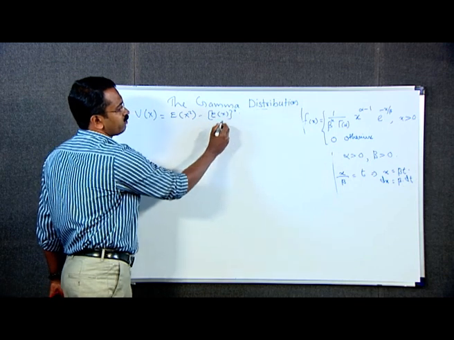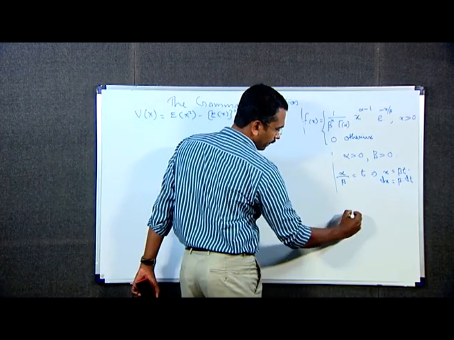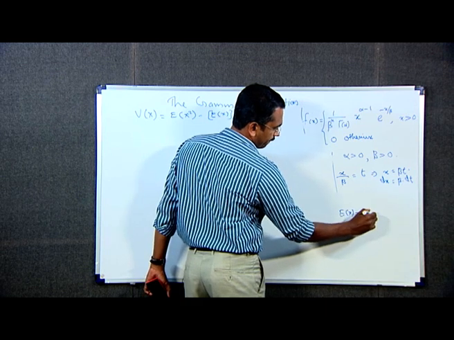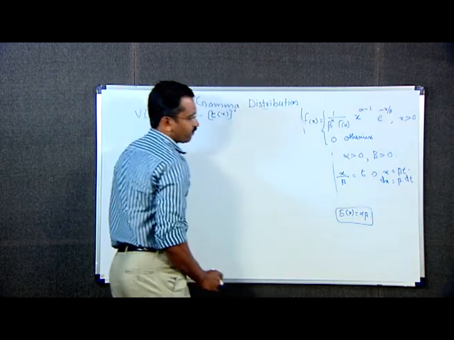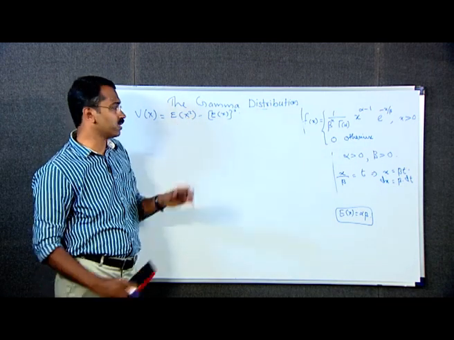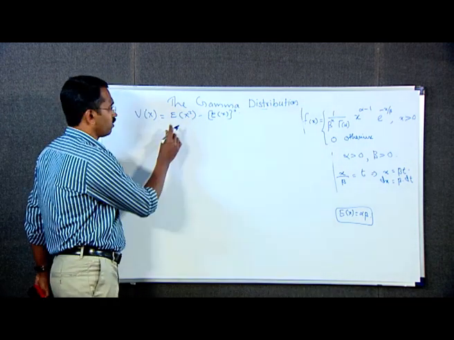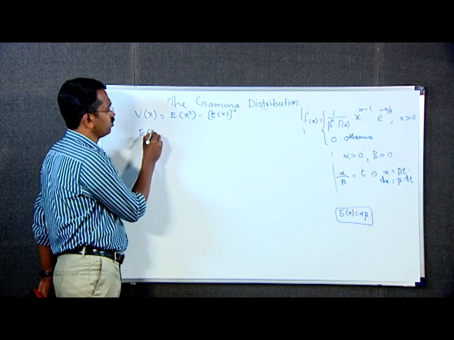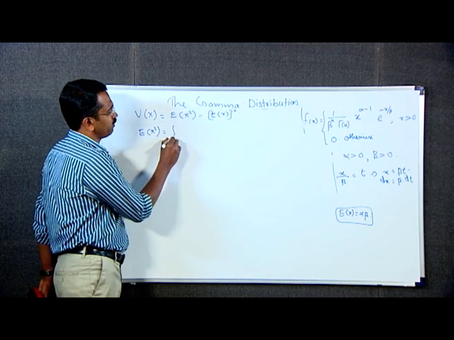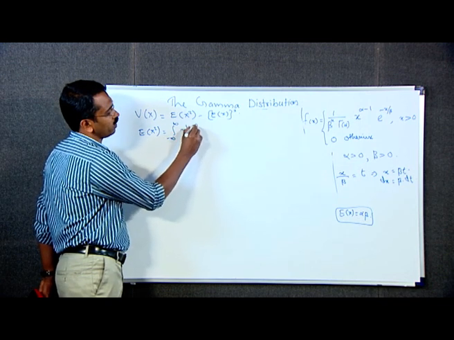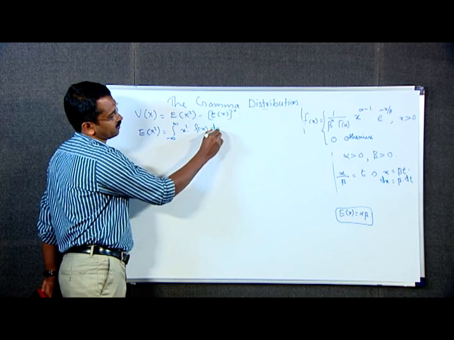We have E of x is alpha into beta. Therefore, we have to find E of x square only. By definition of expectation, E of x square is equal to integral from minus infinity to infinity x square into f of x dx.